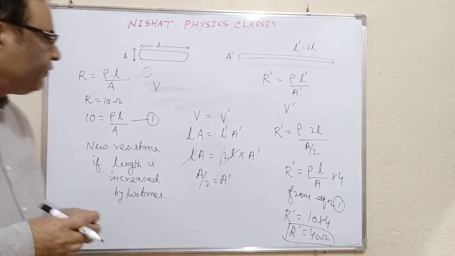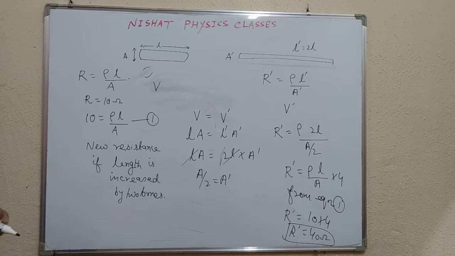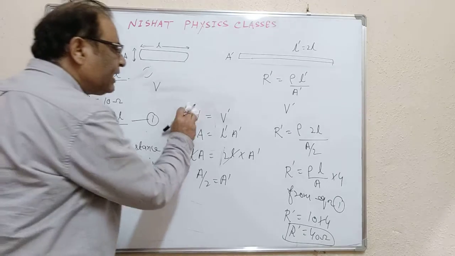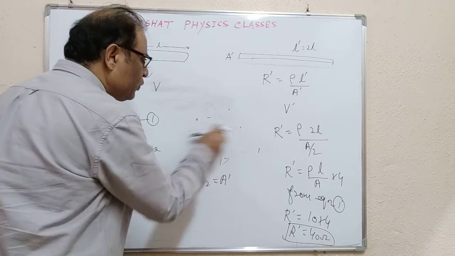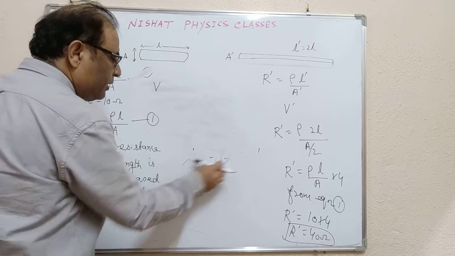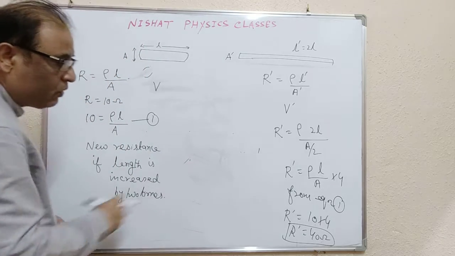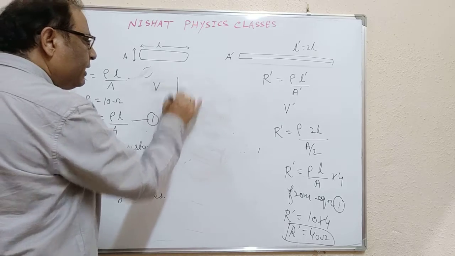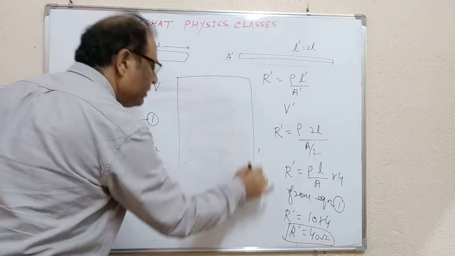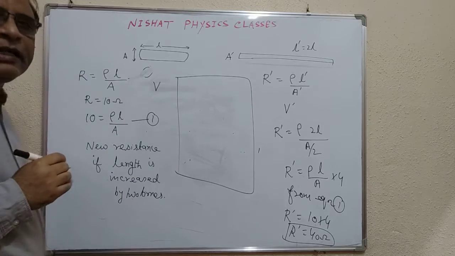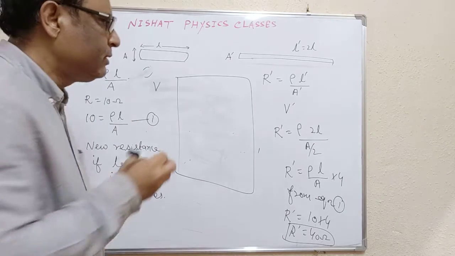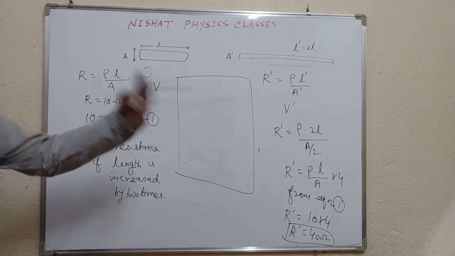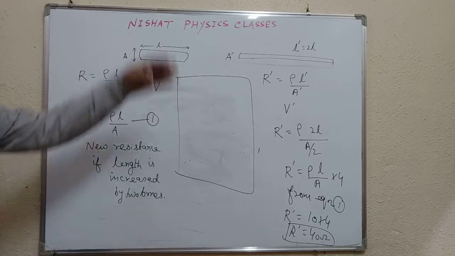So this is the way to do this thing. But in brief, if you want to do it for competitive examinations in multiple choice questions, you can do it like this. Here I am writing a concept for competitive examinations for multiple choice, but in numericals of 2 and 3 marks you do it as above.